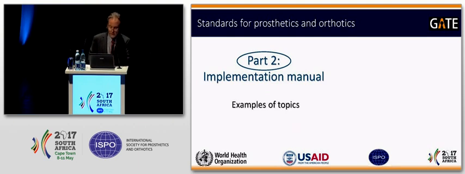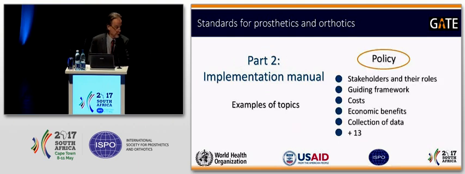So, some of those examples, if we look at the policy chapter, for instance, in part 2 then, it presents the stakeholders and their different roles. It provides some ideas of the guiding framework, as we call it in the document, that is needed. That is the legislation, the policies, the strategic plans, etc., that are needed to guide services.